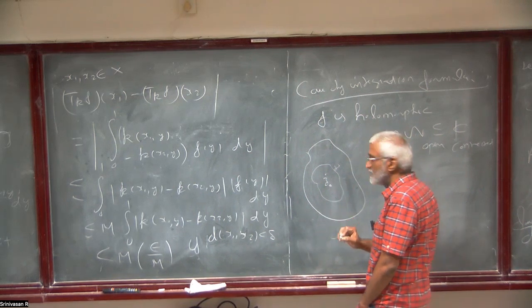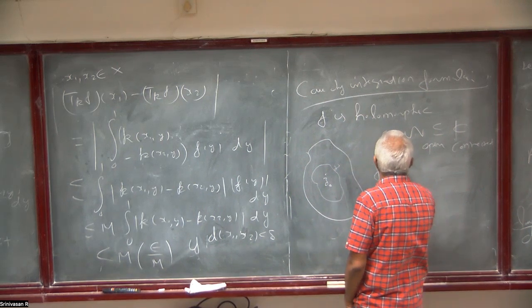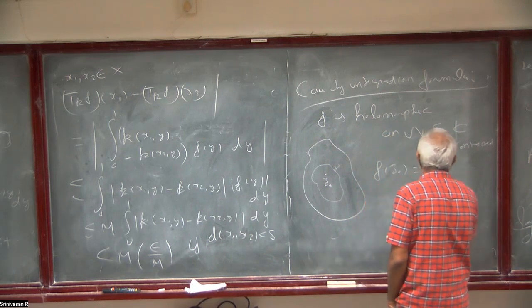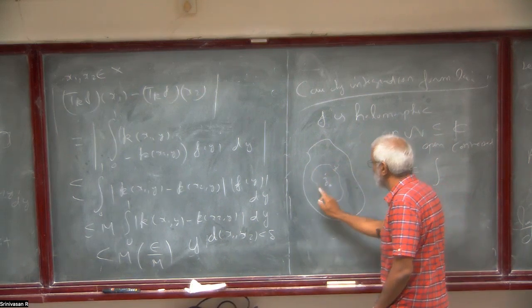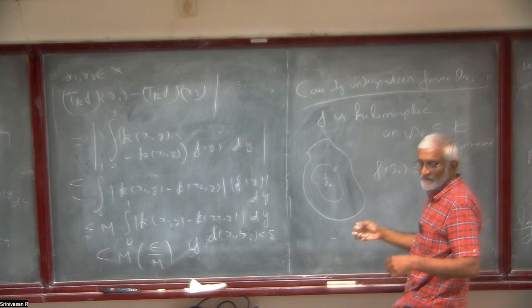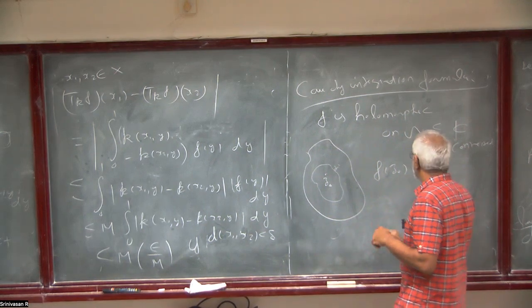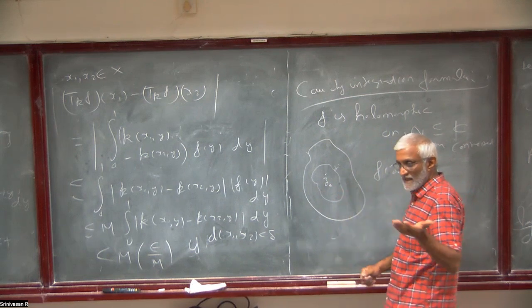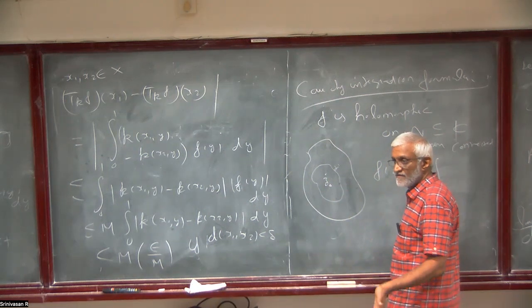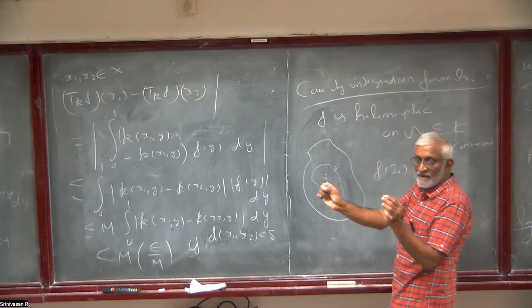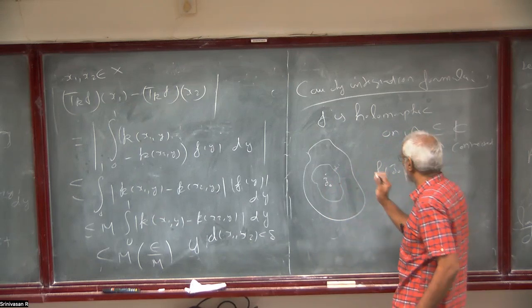But that's not the point. F of Z0 is equal to, this is the formula. This is just the curve I am taking. The integration is over the curve. The curve will be given by one parameter, right? You can get a function from the interval 0, 1 to here, such that the end points have the same value. That's a closed curve.